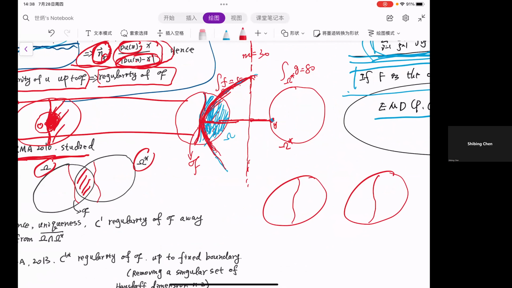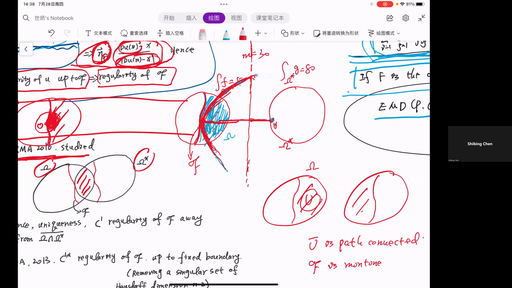For example, they prove that the closure of capital U, the active region, is path connected. And they also proved that the free boundary is monotone with respect to the mass.